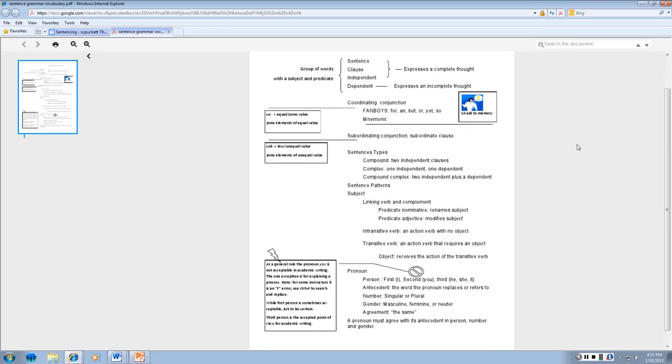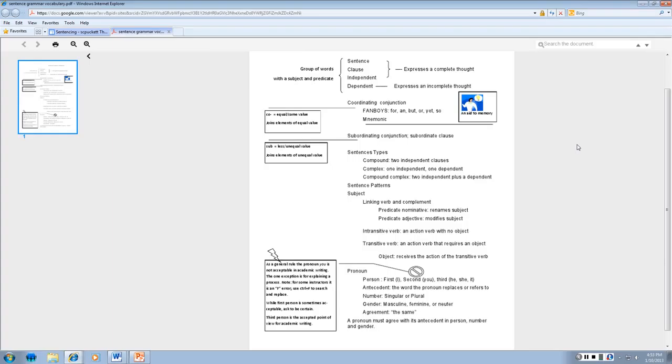Sub means less than or under, as in submarine, and a sub is something of less or unequal value. So when we join things with subordinating conjunctions, we are joining things of unequal value. When we have a subordinate clause, it is a clause that is of less value. That means that the idea is not the most important one.